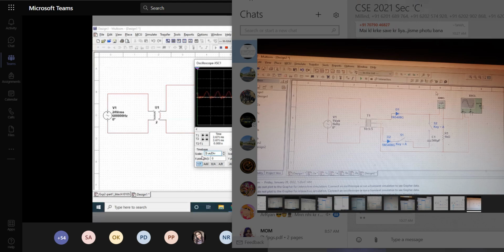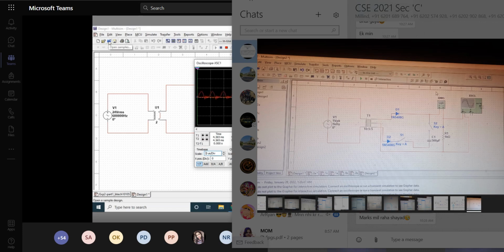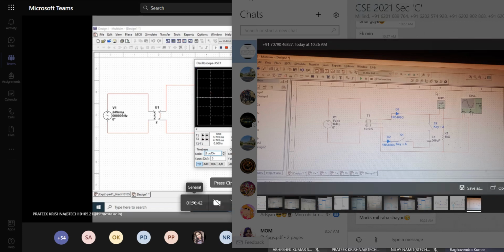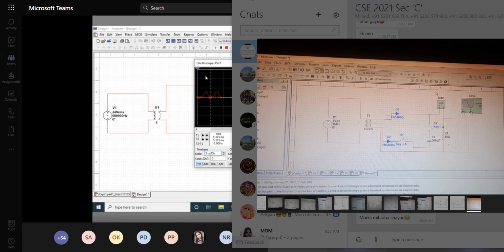So why is this problem coming? Earlier we were seeing that the rectifier was rectifying properly, but now if you further increase it... Stop the simulation and increase the frequency.